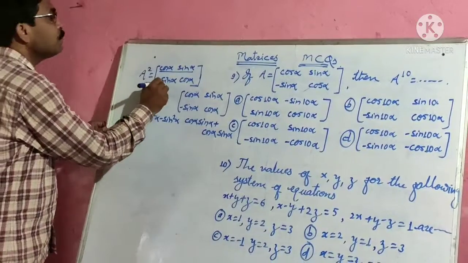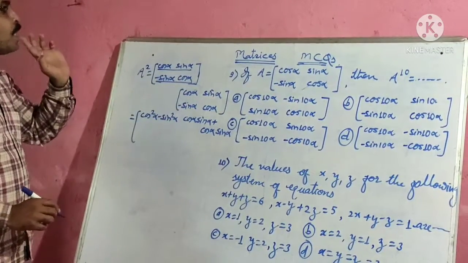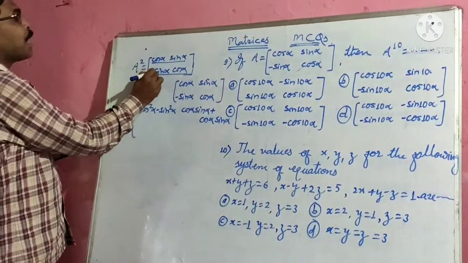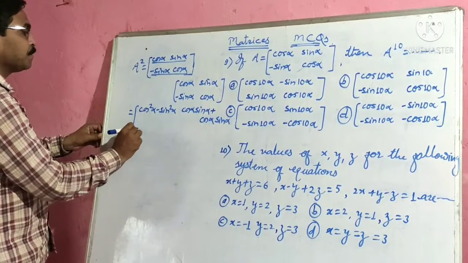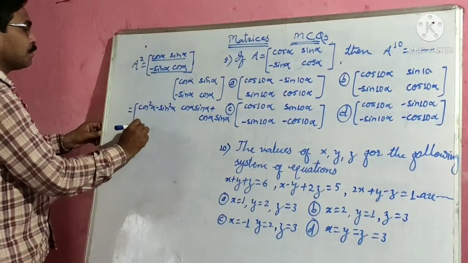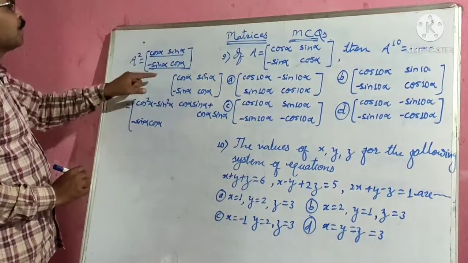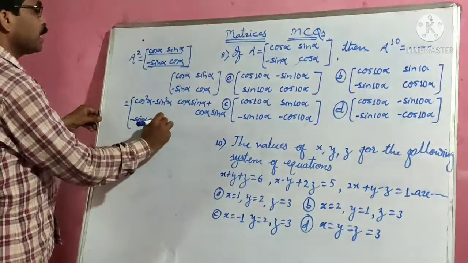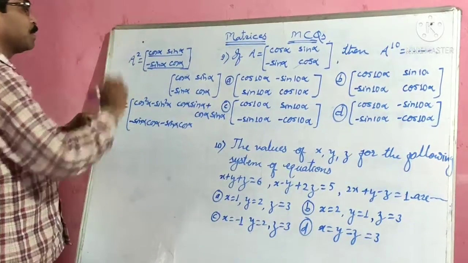Now second row into first column. After that, second row into second column. So let us see, minus sin of alpha into cos of alpha, after that, cos of alpha into minus sin of alpha, that is minus sin of alpha into cos of alpha.